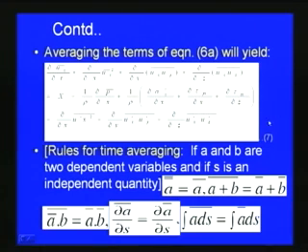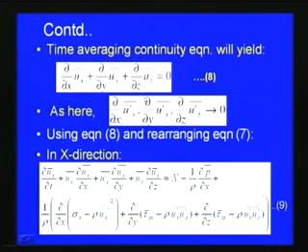So, this is equation number 7. Here the process is that we have averaged the terms of equation 6a to get equation 7.